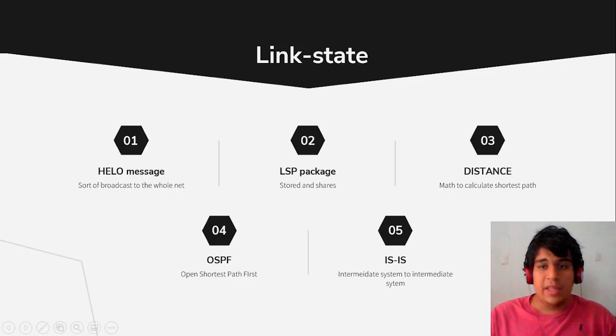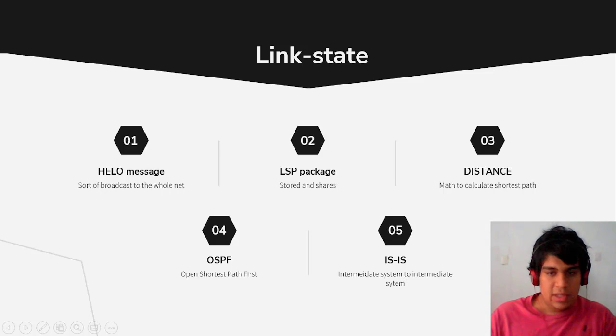So this brings us to another kind of dynamic routing protocols called link state. This one works by doing a sort of broadcast in the whole network so that every router sends a message stating its name and its location, so that every other router stores that message and shares it with their neighbors. At this point, everyone knows the state of the whole network, knows everyone, and knows their distances. So what's only remaining is to use math algorithms to calculate the shortest route when trying to send over a package.